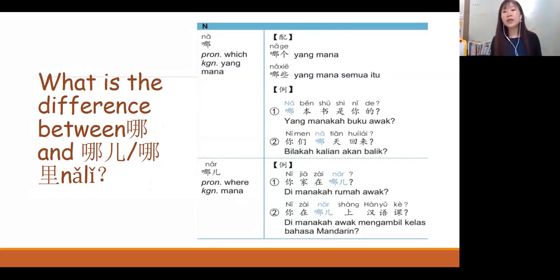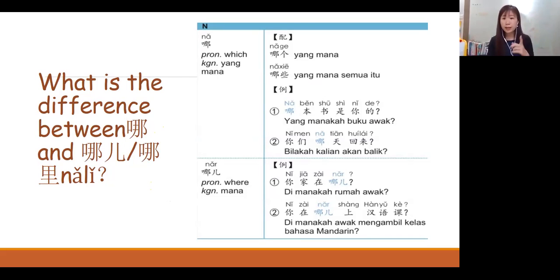So this is to ask about which. Another very common one is 哪儿, which is where. 哪里 and 哪儿 are the same. For 哪儿 we need to round out our tongue, so some students feel 哪儿 is very hard to pronounce.